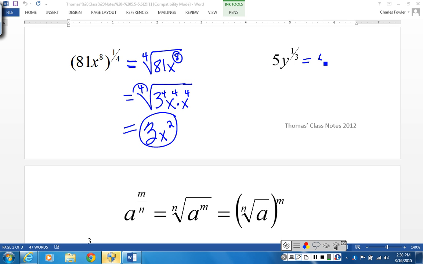This is equivalent to 5 times y to the 1/3, and as you can see, that 1/3 only applies to the y, not the 5. This is multiplication, but you can separate the two as long as you know you have to multiply. So you can write this as 5 times the cube root of y. Can't simplify there, so you keep going.